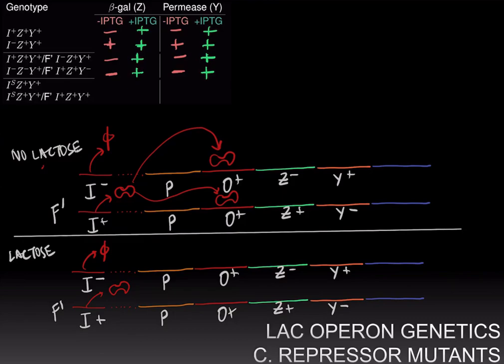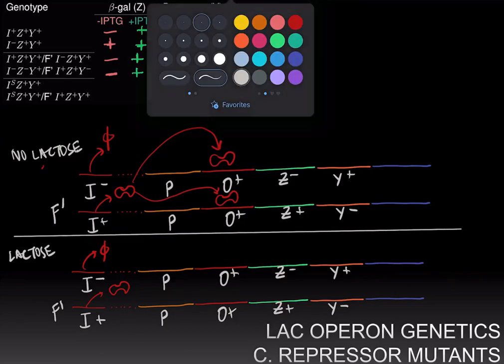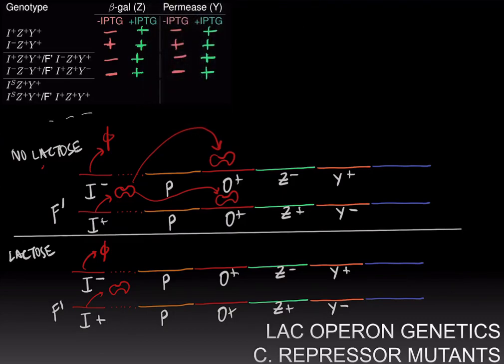Now, recall that this is a partial diploid cell, and so these two pieces of DNA, one which is the bacterial chromosome and the other which is the F prime plasmid, are part of the same cell.